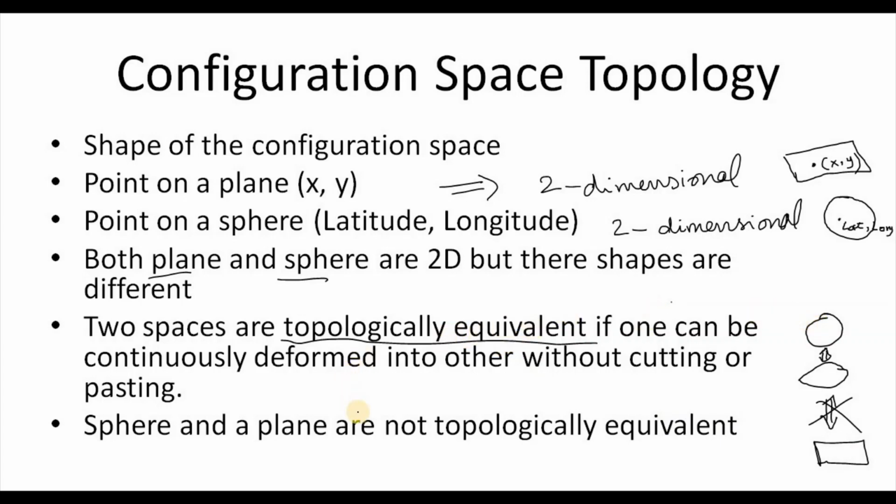A sphere and plane are not topologically equivalent. If you have to convert a sphere into a plane, you need to cut it and then make it straight. But since cutting is involved, these two topologies or shapes are not equivalent.